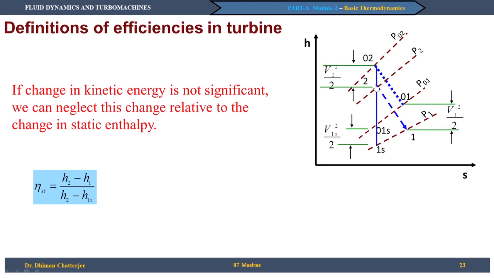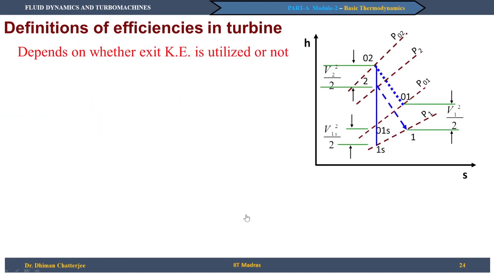That is, we are talking about only the change in the static enthalpy in the real situation to the maximum or ideal situation of h2 minus h1s. However, many times or most of the times we would like to express in terms of the stagnation quantities, because the kinetic energy change is also going to be accounted for. This one is known as eta SS, where SS stands for static to static efficiency.